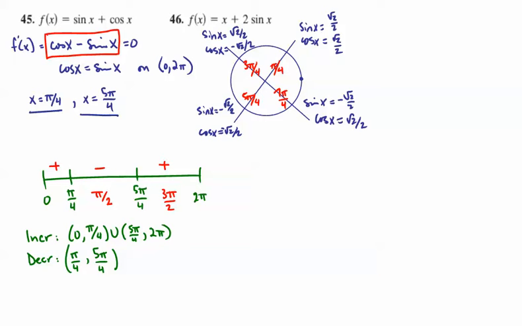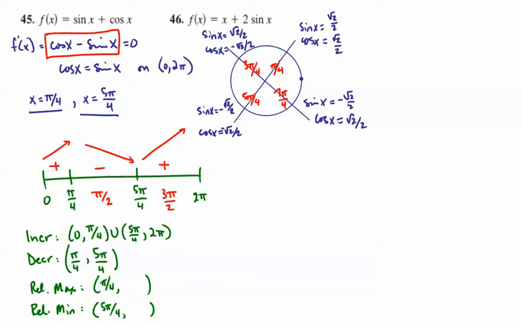Let's see if we have relative mins and maxes. We're increasing, decreasing, increasing. So it appears that we will have a relative max at pi over 4 and a relative min at 5 pi over 4.